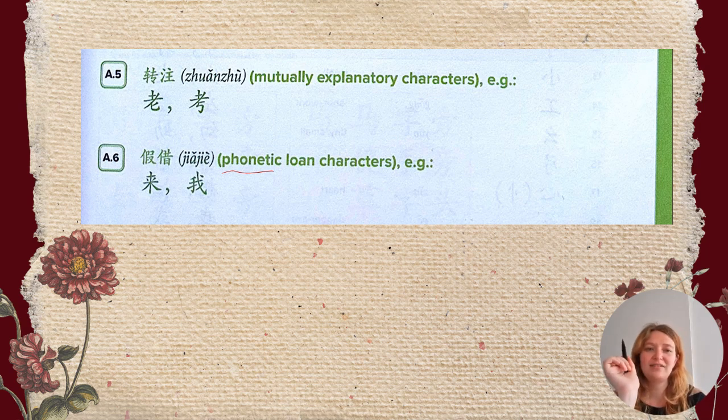Honestly, you don't really have to know those two. You'll just have to know things like this is 来, meaning come, and this is 我, meaning I or me. And they don't look like anything. They don't represent ideas. They just maybe originally had a different sound, and you would never know by looking at them anyway.